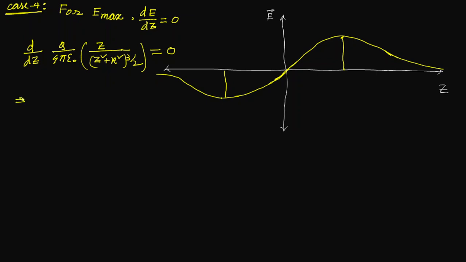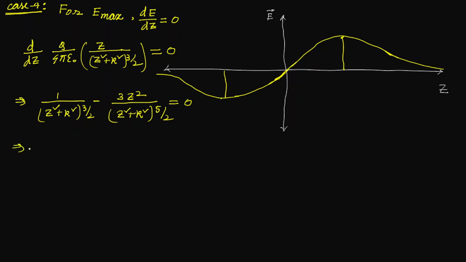When you take the differentiation, we actually get 1 divided by z square plus r square whole to the power 3 by 2, and then minus 3 z square divided by z square plus r square whole to the power 5 by 2, and this equals 0.